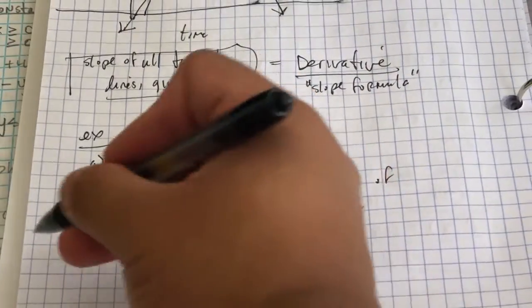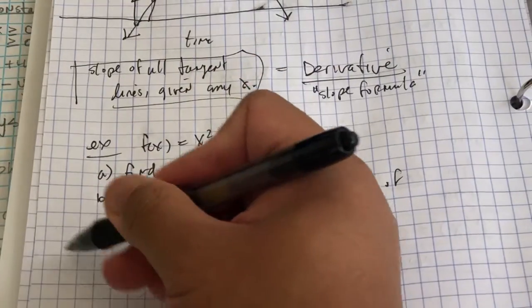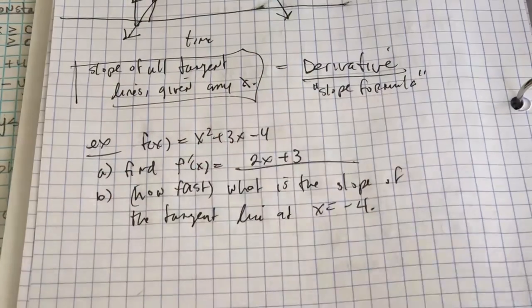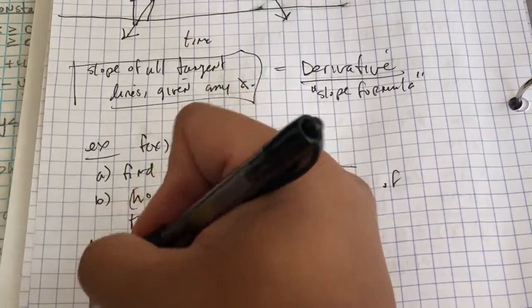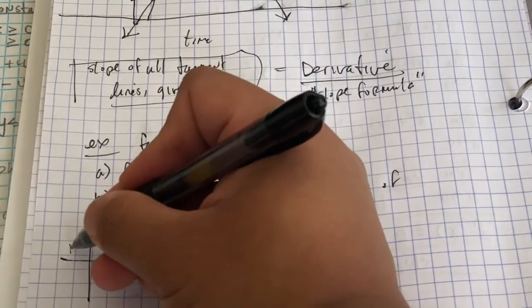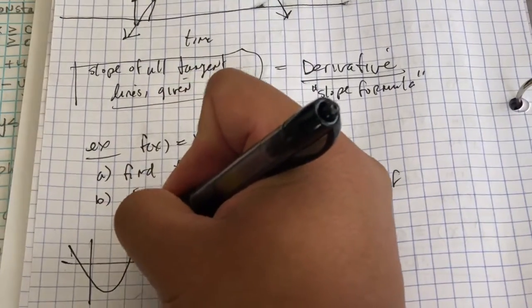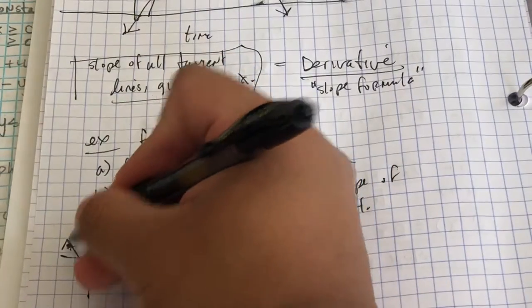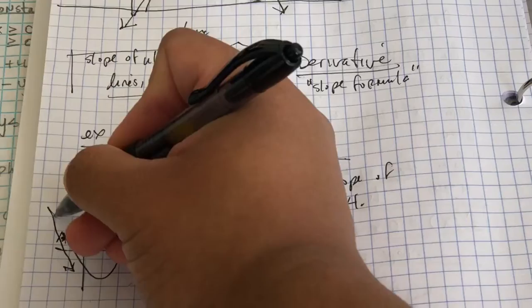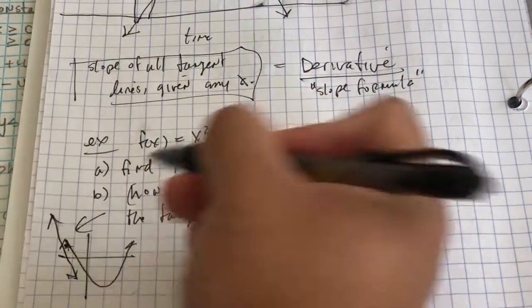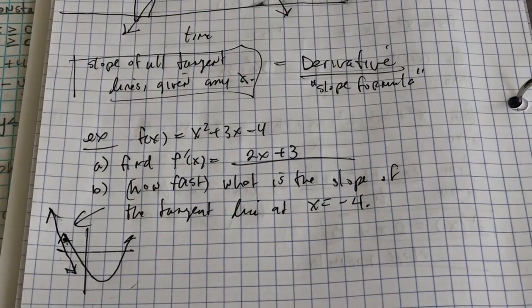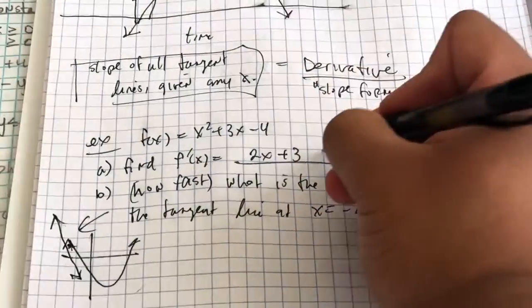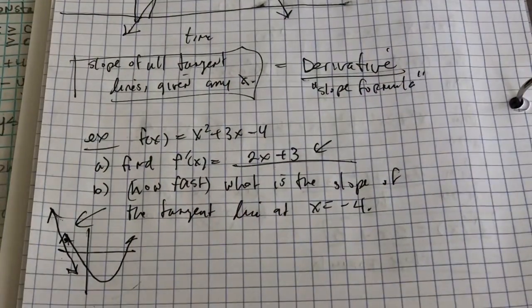Normally you could just draw the picture and then draw the tangent line and try to see. I think the graph looks like this, but please don't quote me on it. We basically want to know what the slope is right here at -4. However, we don't need to draw it. We have a formula that gives us all of our slopes.